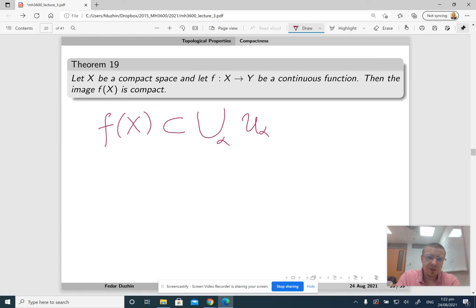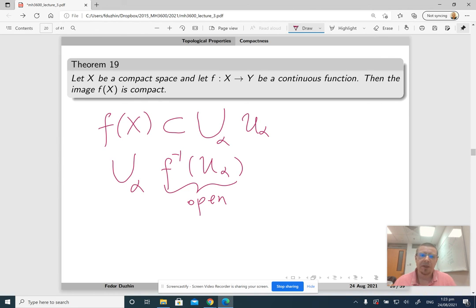Let us apply the inverse image. Let us take the union over all alpha of f inverse of U alpha. Now, every one of them is an open set.